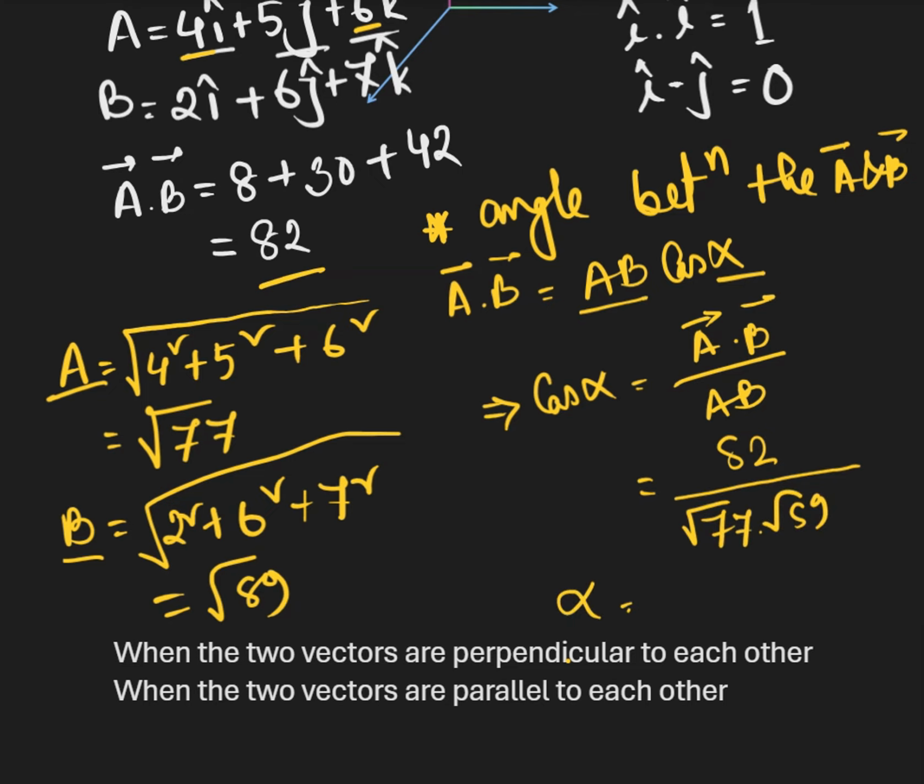So we could calculate the value of alpha. So alpha will be cos inverse of this value. If we calculate using a scientific calculator, of course, we'll have the value about 7.8 degrees.